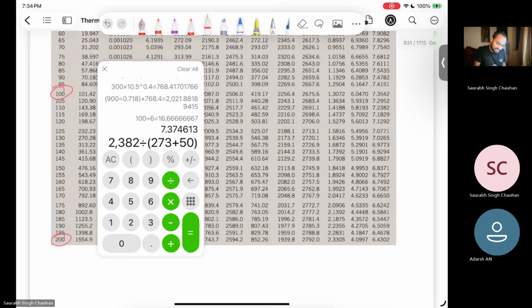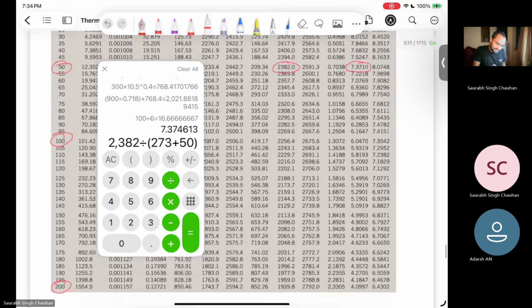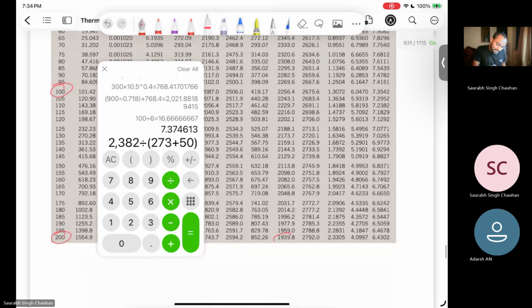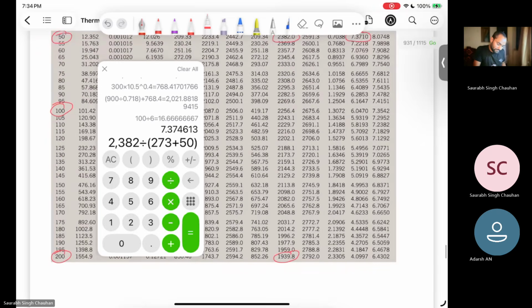Let us check at 200 degrees Celsius. For 200 degrees Celsius, this is 1939.8. So 1939.8 divided by 200 plus 273, sorry, 273.